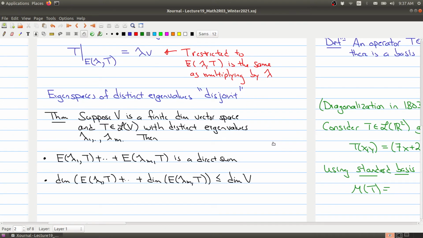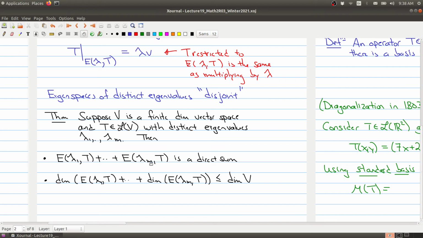The nice thing here, which we'll prove in the next part, is that in some ways eigenspaces of distinct eigenvalues are disjoint. Let's make this more precise. Suppose V is a finite dimensional vector space, and T is a linear operator with distinct eigenvalues lambda 1 through lambda m.